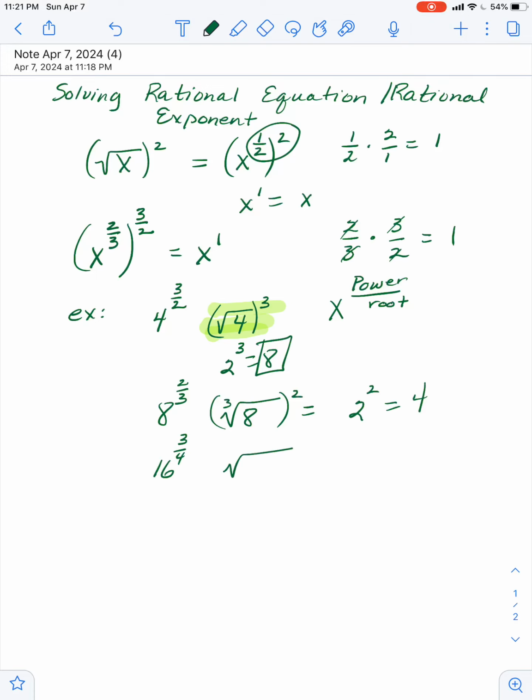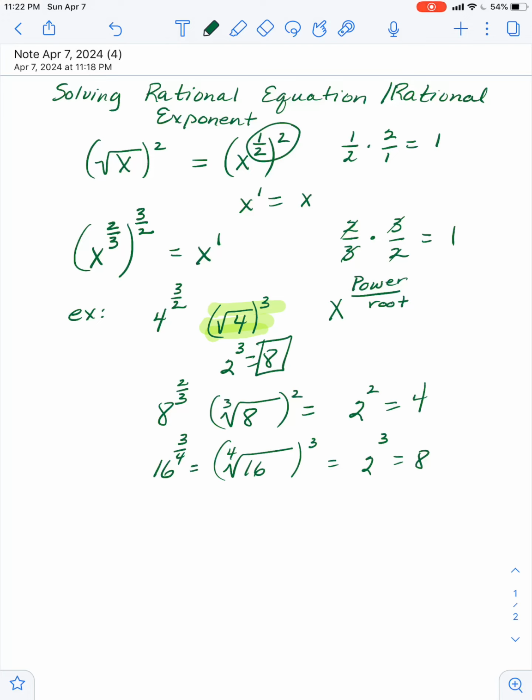That would mean the 4th root of 16, and cubed. The 4th root of 16 would be 2, and 2 cubed is 8.